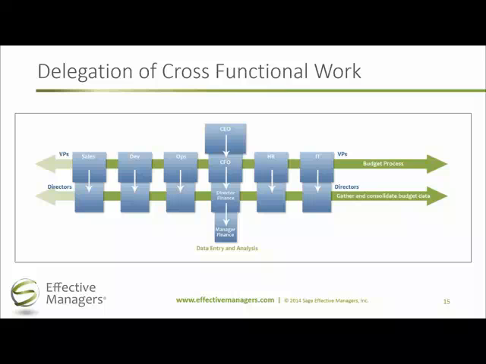So this example here is the budget process. In this situation, the CFO is delegated from the CEO the accountability for developing, implementing, monitoring, supporting, providing training on, and all of those things for the budget process.